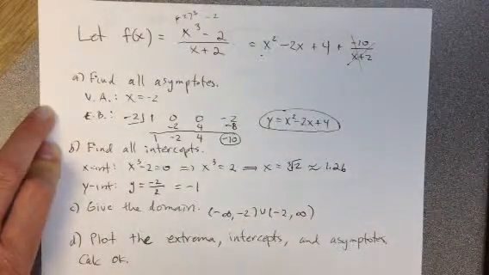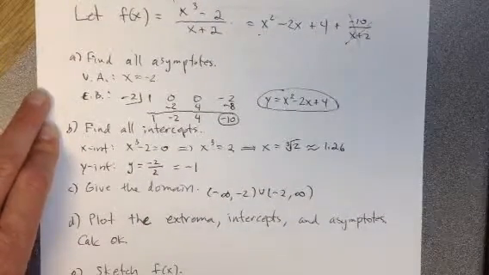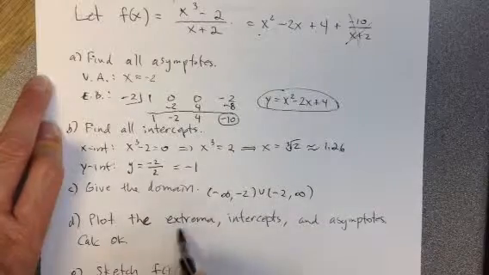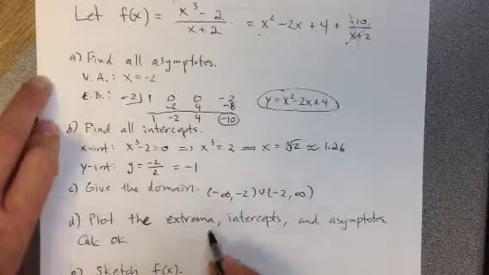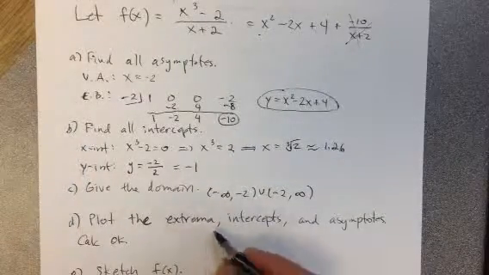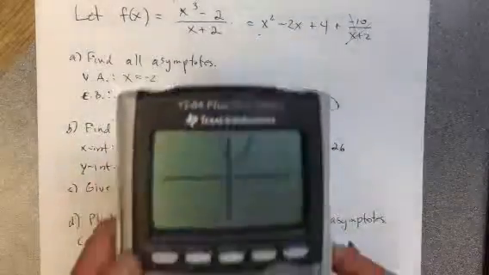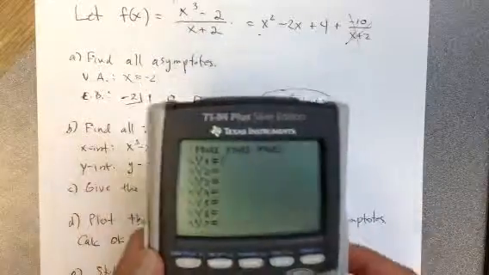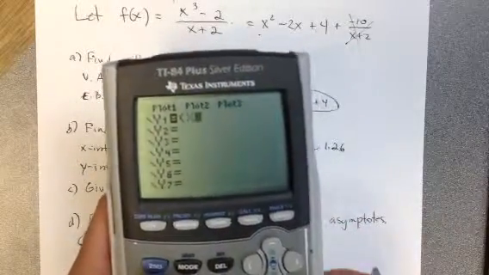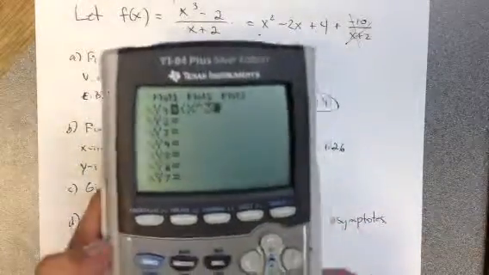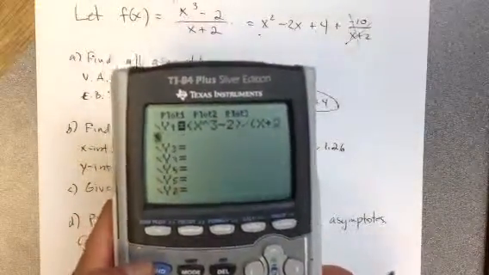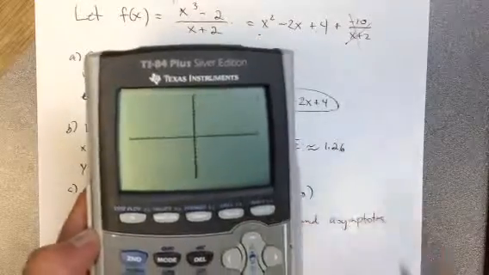Okay, next we want to plot the extrema, intercepts, and asymptotes, and the calculator's okay on here. So let's start by finding the extrema. So if we go to y equals, we enter the function, we get x cubed minus 2 divided by x plus 2, and we graph it.